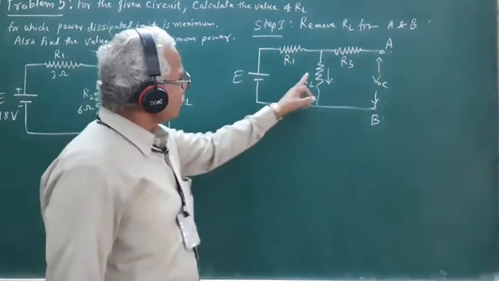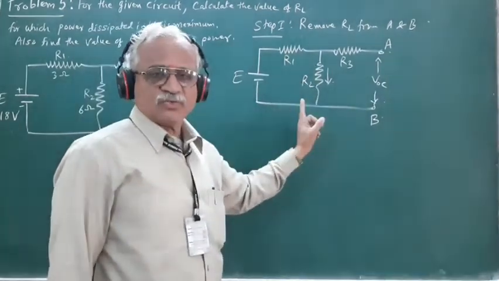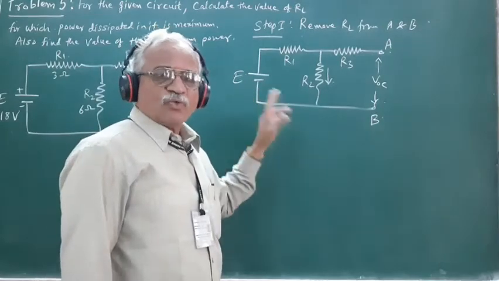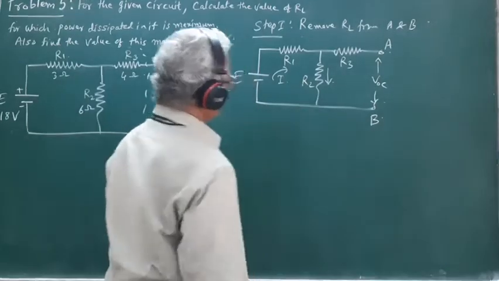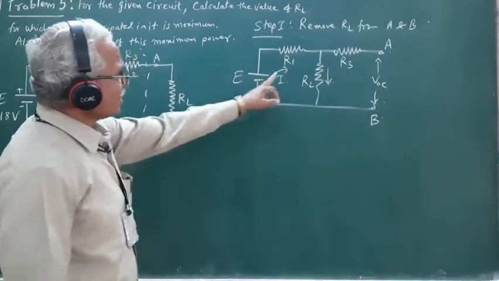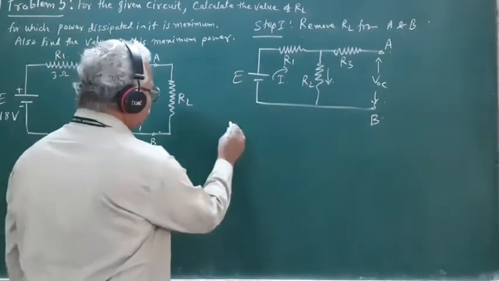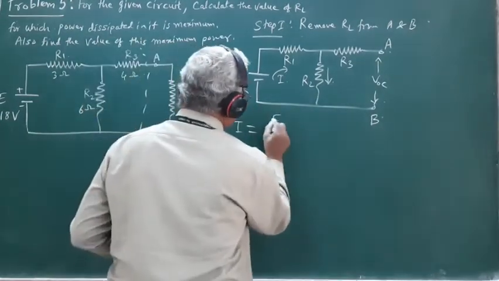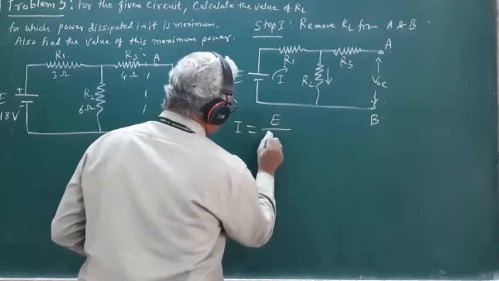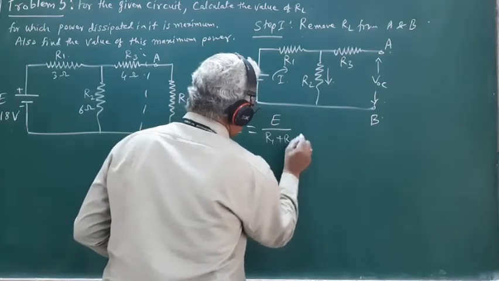So to find out the potential drop across R2, first we must know what is the current flowing through this resistance R2. So I is the current flowing through this resistance R2, and this current I will be given by I is equal to E upon R1 plus R2.